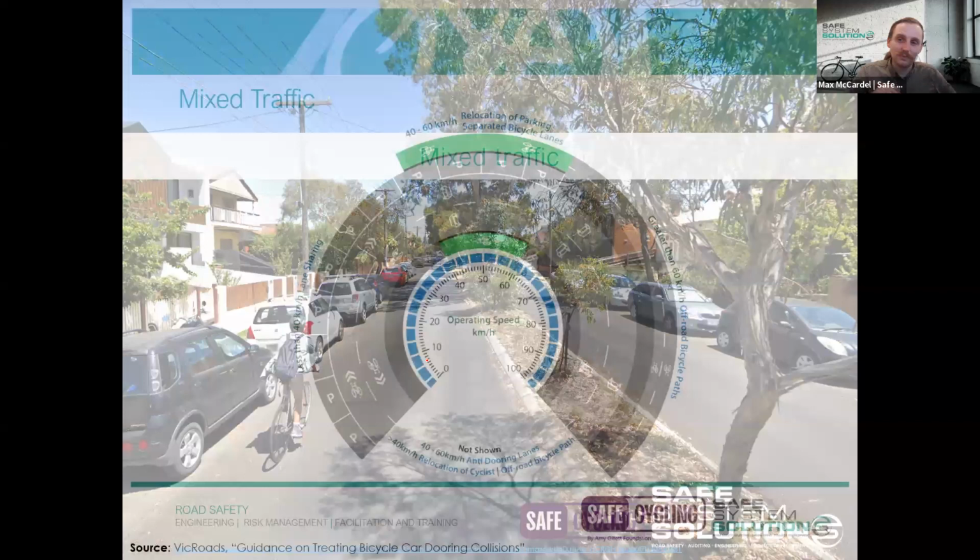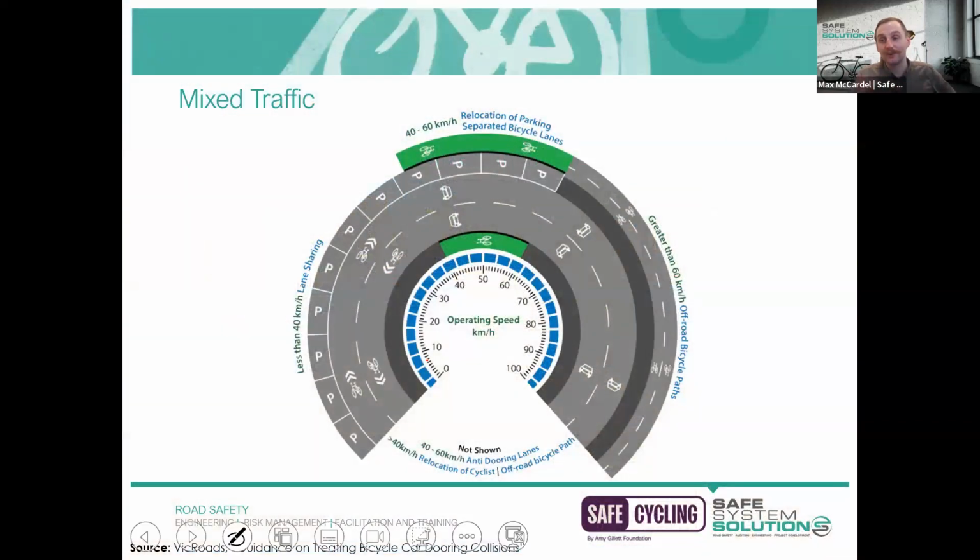Now, what we talk about for different treatments in different speed zones, this is kind of used as a bit of a guide where if we've got operating speeds less than 40 kilometers per hour, that's where that lane sharing that I was just suggesting there may be appropriate.